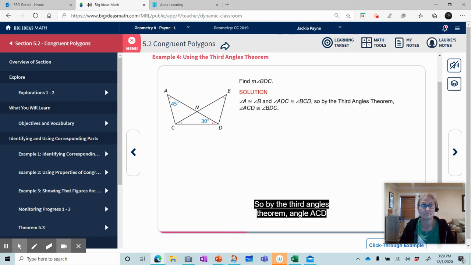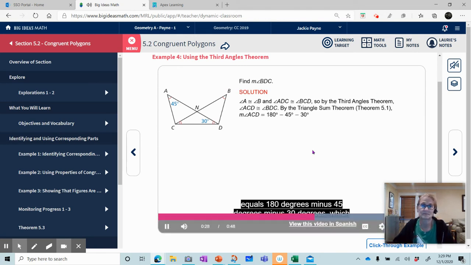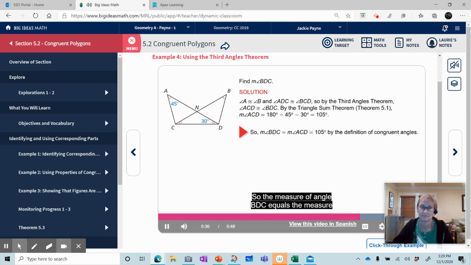So by the third angles theorem, angle ACD is congruent to angle BDC. By the triangle sum theorem, the measure of angle ACD equals 180 degrees minus 45 degrees minus 30 degrees, which equals 105 degrees. So the measure of angle BDC equals the measure of angle ACD, which equals 105 degrees by the definition of congruent angles.